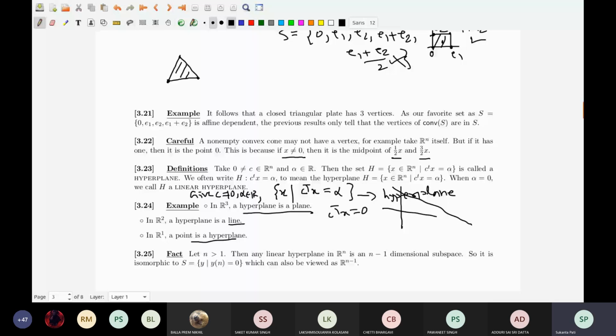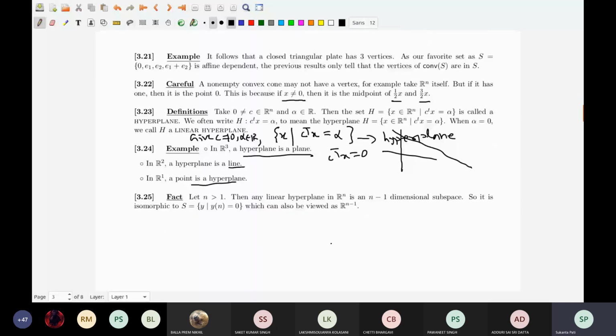3.25, this is a fact. Any linear hyperplane in Rn is an n-1 dimensional subspace. That means any set of the form x such that C transpose x equal to 0 is an n-1 dimensional subspace.